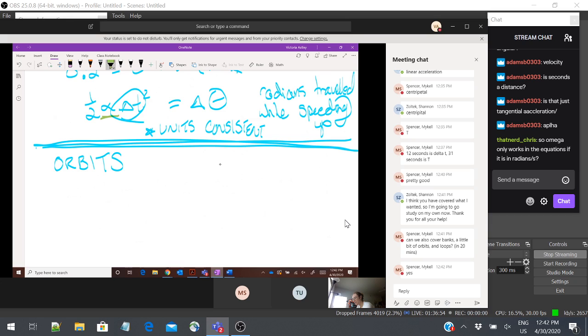But you could hypothetically do 1/2 alpha t squared plus omega t plus theta initial equals theta final, and then have, okay, this is -2 revolutions per minute, and this is 2 minutes, and this is 20 revolutions per minute squared, and this is 2 minutes, right? Like you can do that, but it sucks. It's really easy to mess up because you have to have everything in these kind of weird minute squared units.